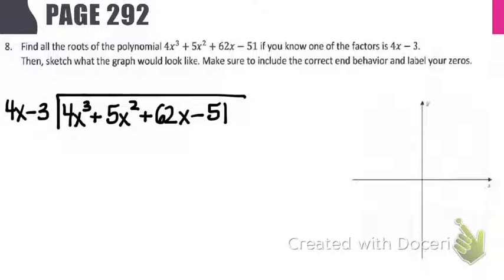So let's go ahead and do our long division. Divide the first terms. I'm going to give you 5 minutes to see if you can make it to the end by doing long division. So go ahead and do long division, and then we'll go through it together.